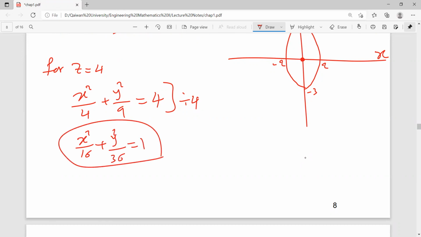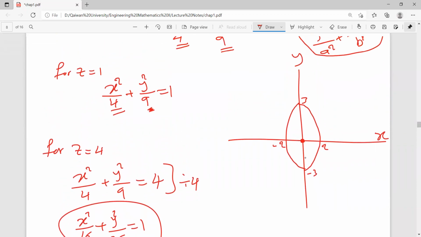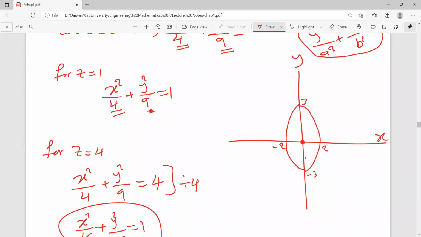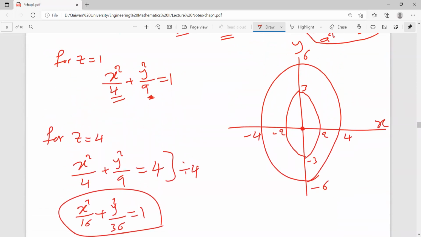This equation of the ellipse is also on the y-axis. It's from -6 to 6 and here from -4 to 4. This is -6, this is 6, this is 4, this is -4. These are the level curves. As you see, it's an ellipse, it becomes bigger and bigger.